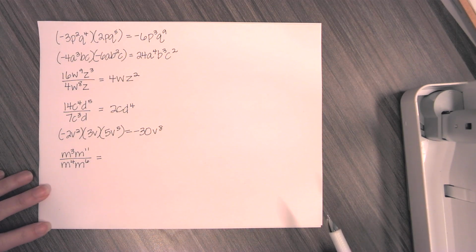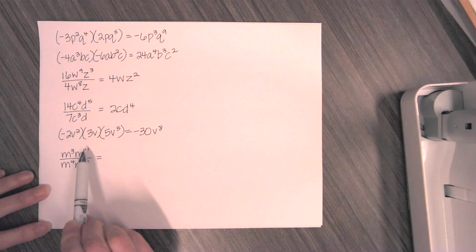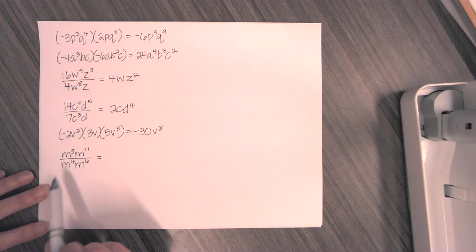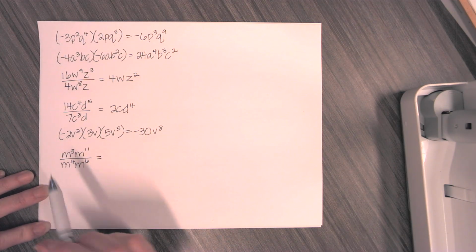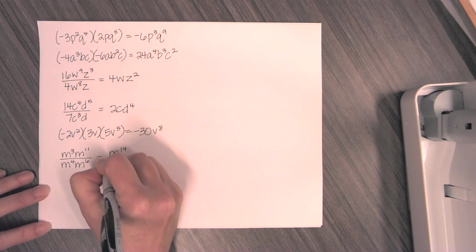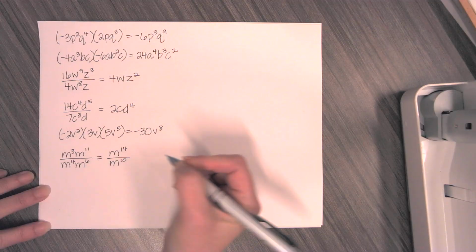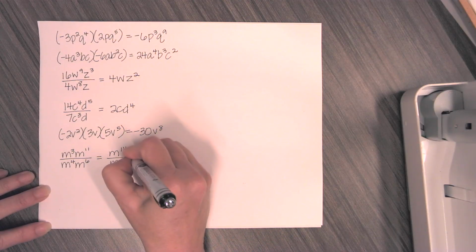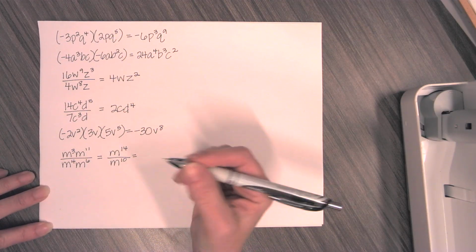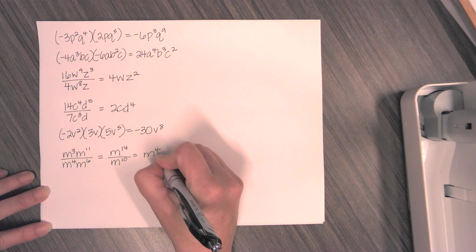Probably the way I would do it first is do the top as a multiplication problem, the bottom as a multiplication problem, and then handle the division. So on top, we're going to add our exponents, get m to the 14th. On the bottom, we're going to add our exponents and get m to the 10th. And now it's a division problem, so we're going to subtract our exponents and get m to the 4th.